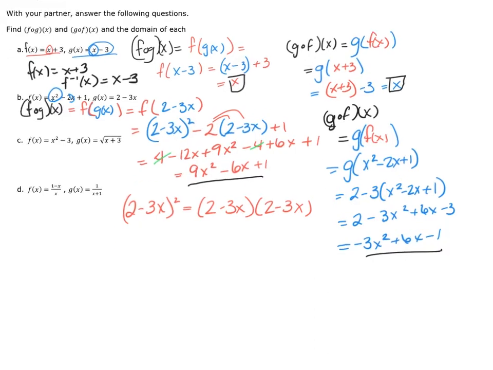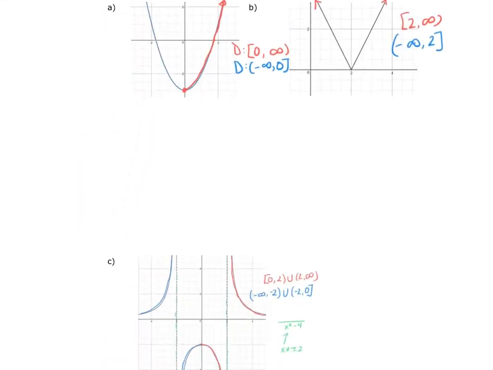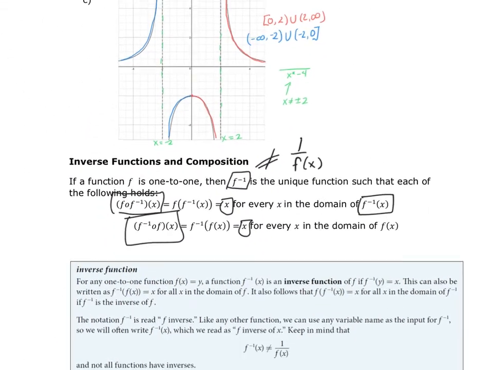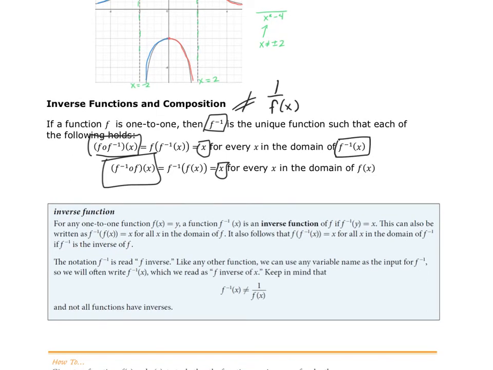So when we are doing inverse functions, the first thing we have to do is determine if my original function is 1-to-1. If it's not, I can always restrict the domain. If it's 1-to-1, then I try to find the inverse, and then the last thing I always do when I think I have the inverse is compose both ways to ensure what I really have are inverses of each other.